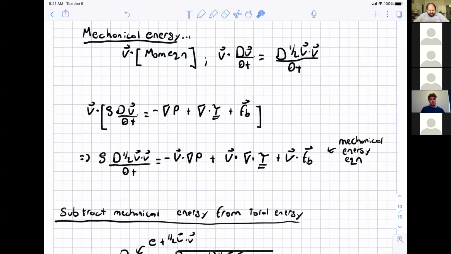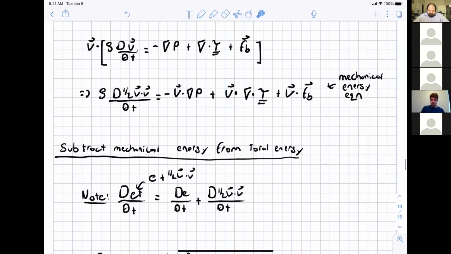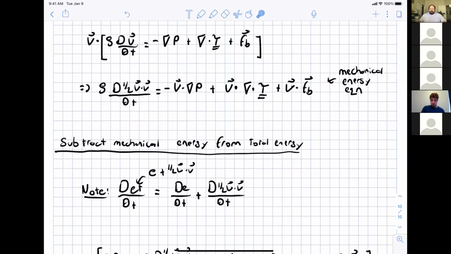So basically what I do then is subtract this mechanical energy equation from the total energy equation. To do that, I will note that since the total energy is the internal energy plus the kinetic energy, I can say that dEt/dt is equal to dE/dt plus d(1/2 v dot v)/dt.